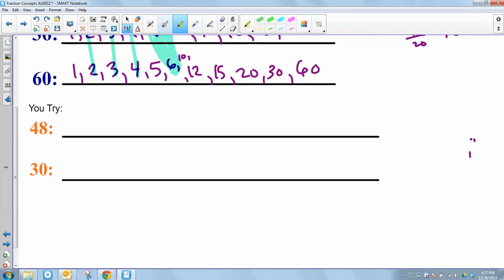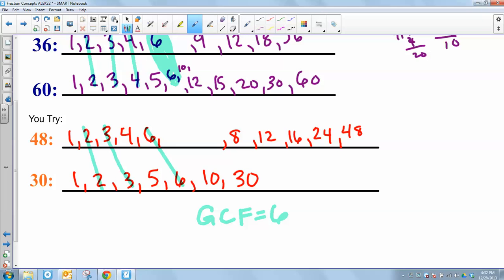Okay, now you are going to try the problem. You're going to list out all of your factors of 48 and 30 and then find the largest number in common. So go ahead. All right, let's check to see what you got here. My factors of 48 are 1 times 48, 2 times 24, 3 times 16, 4 times 12, 6 times 8. Factors of 30, 1 times 30, 2 times 10.